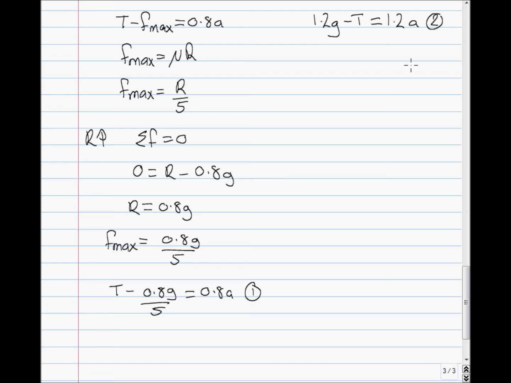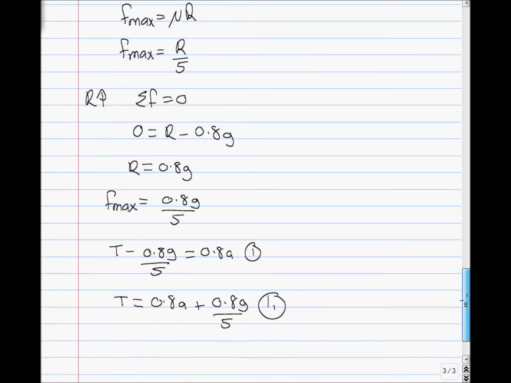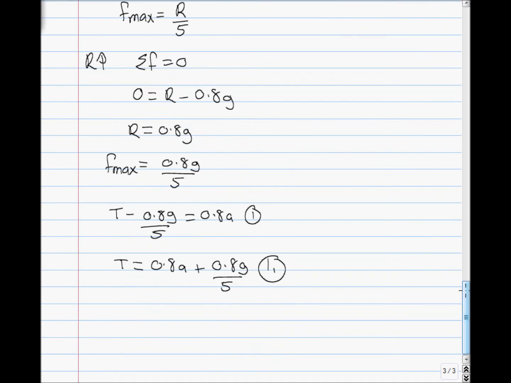Okay, so I'm going to rearrange 1 to make T the subject. So T equals 0.8 A plus 0.8 G over 5. I'm going to call that 1.1, and I am going to sub 1.1 into 2.